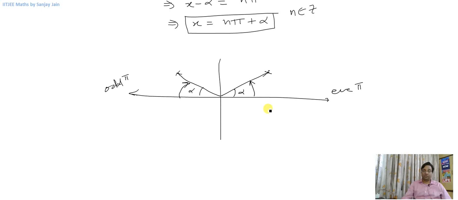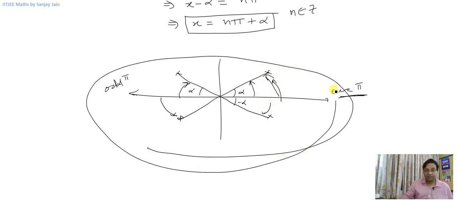For cos it will be here, and this will be minus alpha. So even multiple of pi plus alpha or even multiple of pi minus alpha. For tan it will be here. So odd multiple of pi plus alpha or even multiple of pi plus alpha. If you can keep this in your mind, all the equations will be there in your mind, right?